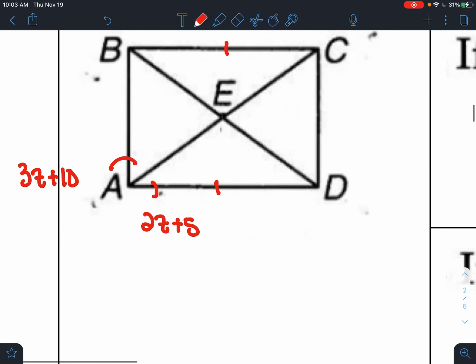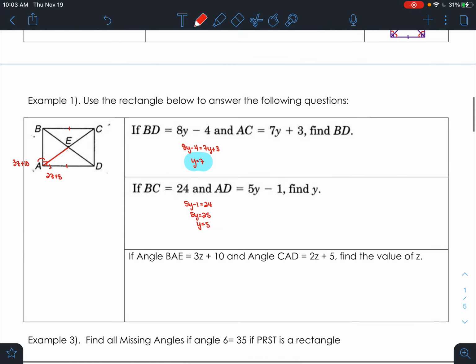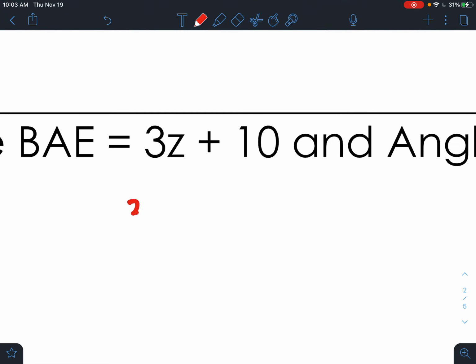So if I remember what's going on with rectangles, we know that all the angles in a rectangle are right angles. So what I'm going to do is it's just splitting that right angle into two different angles. And so I'm going to add those together and set them equal to 90. So I'm going to do 3z plus 10 plus 2z plus 5 equals 90.